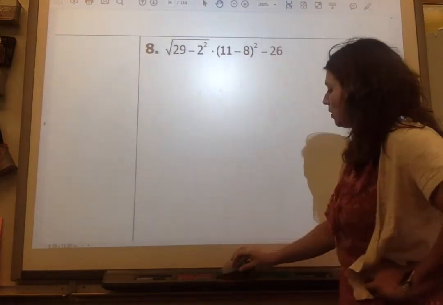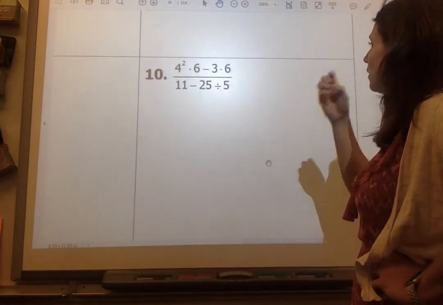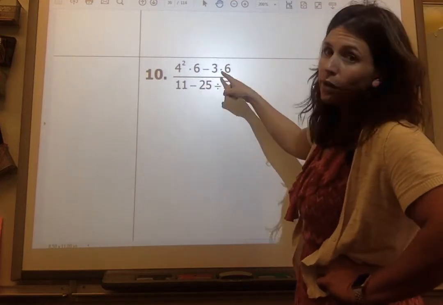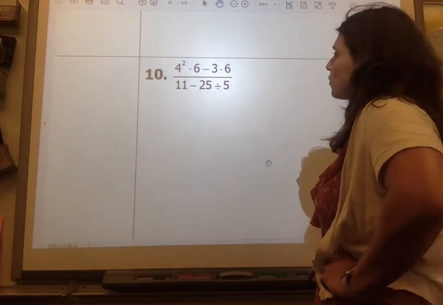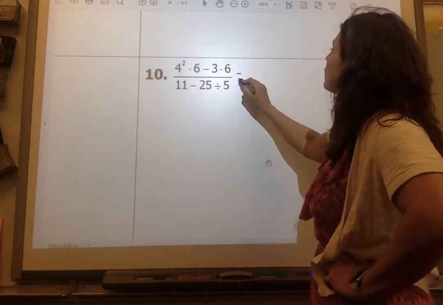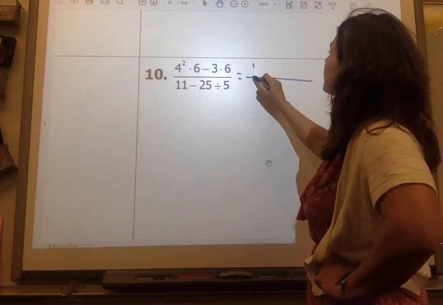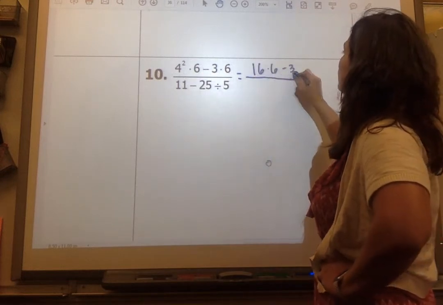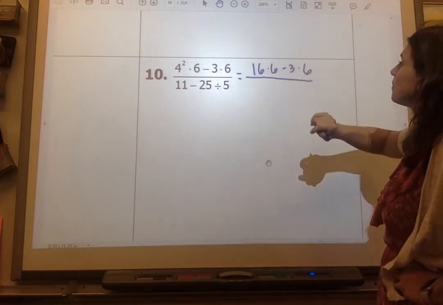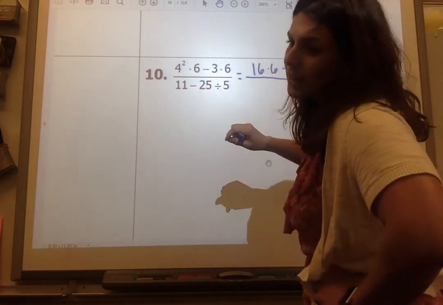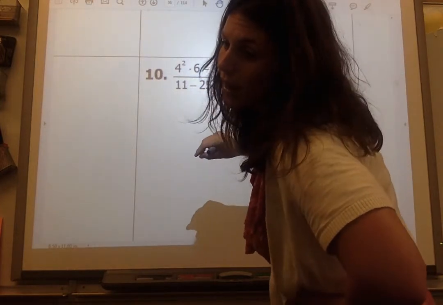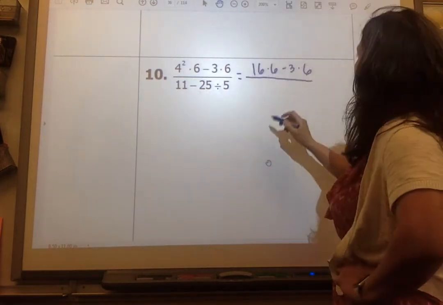Let's look at number 10. So when you have this fraction bar, you're going to do the numerator as one set and the denominator as one set. So you're going to kind of do them simultaneously. So upstairs, I have this 4 squared is 16 times 6 minus 3 times 6. So this is a multiplication problem, and this is a multiplication problem. So 16 times 6, I'm going to cheat and look at my notes here, number 10. 16 times 6 is 96.